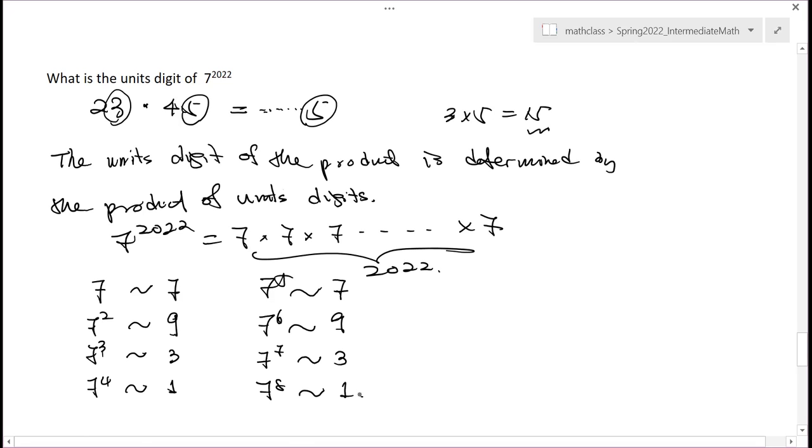So the units digit changes periodically. For 2022, let's divide 2022 by 4.